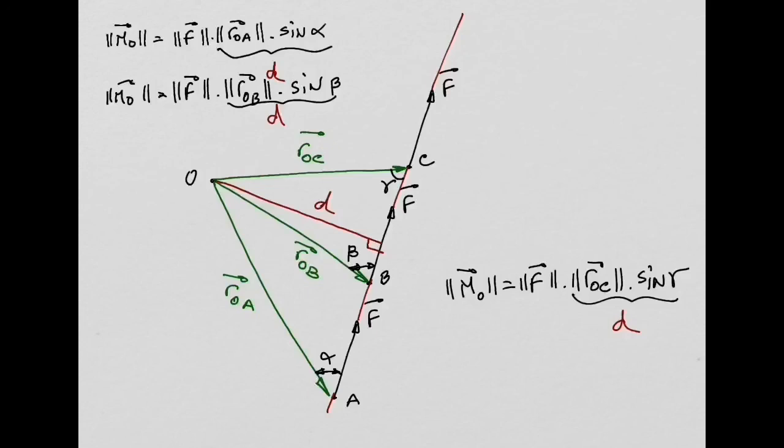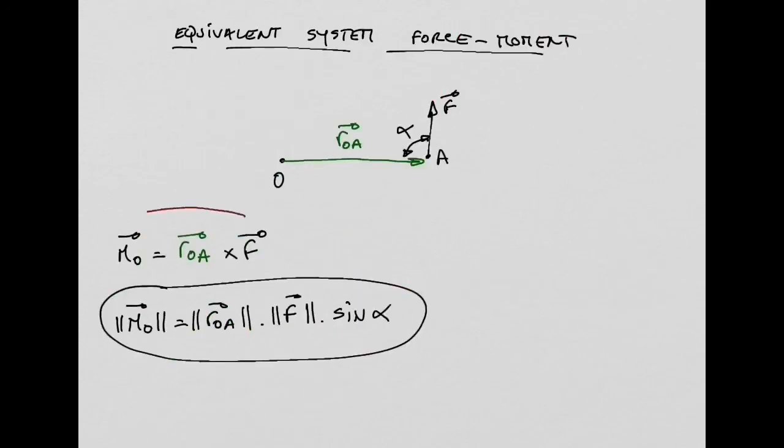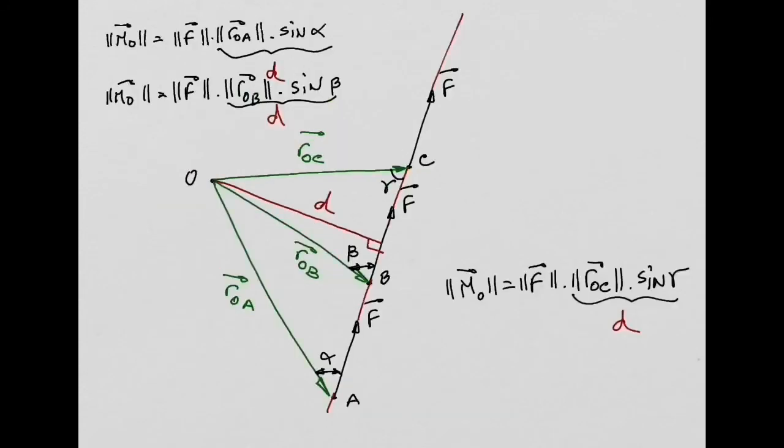For 3D analysis, I always recommend you use the cross product. For 2D analysis, you can, because you know the moment vector will have only a component in the z direction. For 2D, you can go directly and calculate the magnitude of the moment by just multiplying the norm of the force by this distance d perpendicular to the force direction. Okay? So this was a kind of demonstration I wanted to do with you.